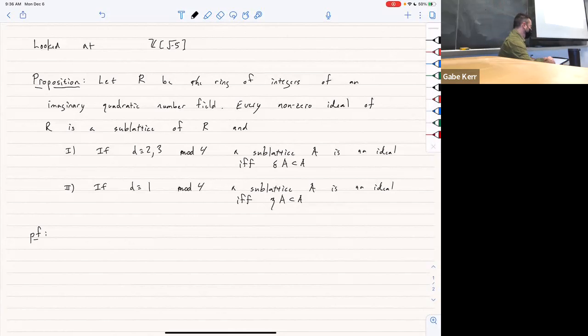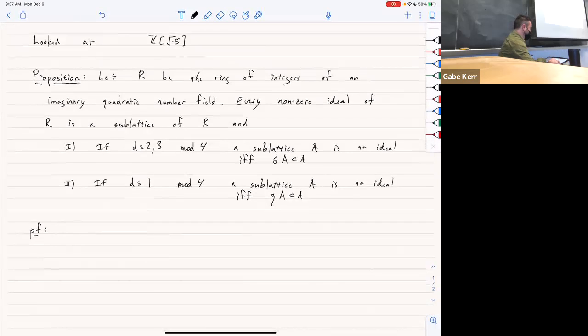Those are divided up into these two cases, D congruent to 2 or 3, and D congruent to 1 mod 4. Furthermore, when you look at these two cases, the kinds of ideals you get also differ. All right, so that's why you see this.